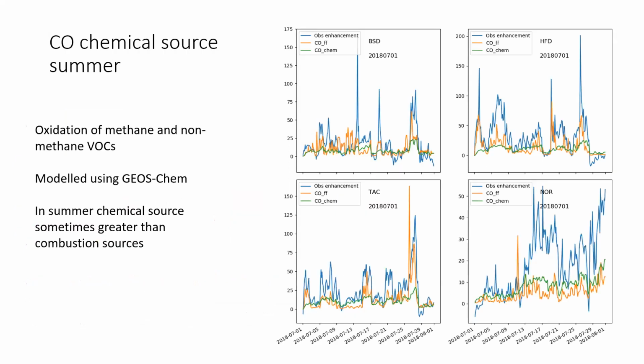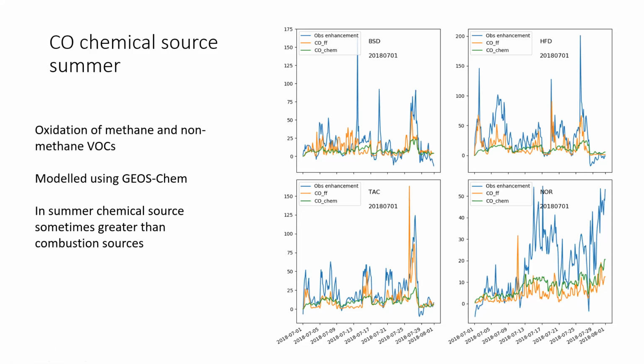One of the reasons for this, particularly with CO, is that in summer there's quite a strong chemical source of carbon monoxide in the atmosphere, which comes from the oxidation of methane and also non-methane VOCs. These plots show some modeling, using inventory values and model outputs of the chemistry, to estimate the component of the enhancements we see at different sites due to either anthropogenic or this chemical source.